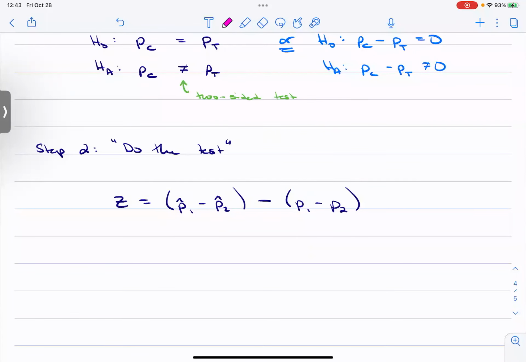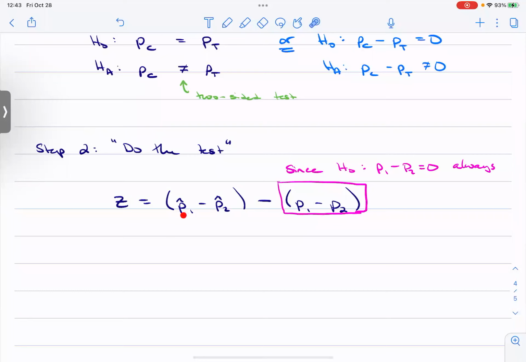But remember here that since the null hypothesis is P1 minus P2 is equal to 0 always, really what this would be is just P1 hat minus P2 hat minus 0.